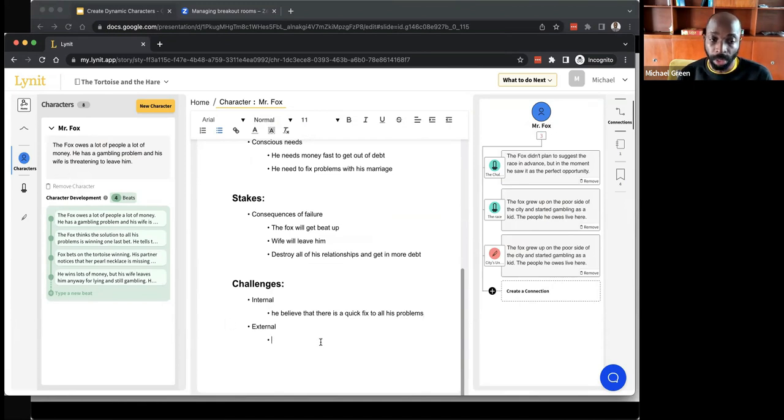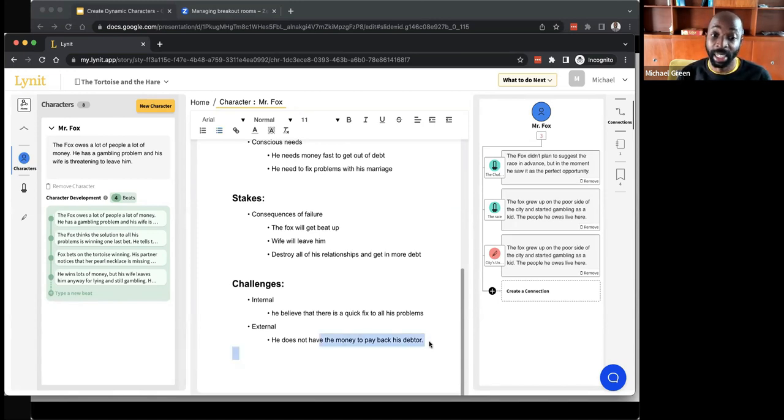And his external challenges are that he does not have the money to pay back his debtors, right? And I would add on top of that, he doesn't even have the money to gamble.